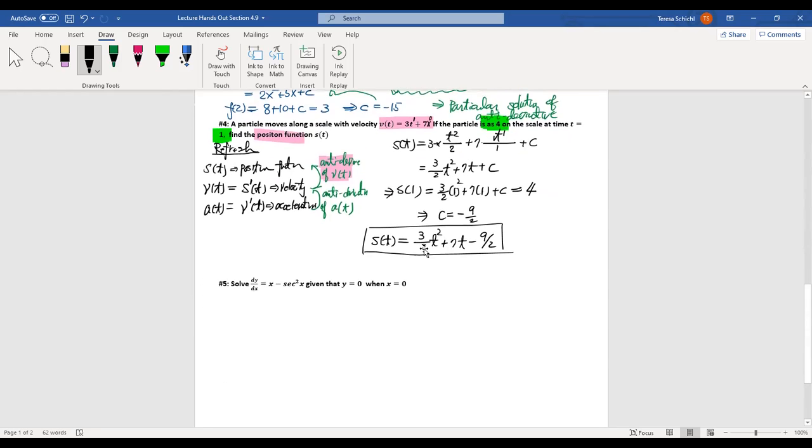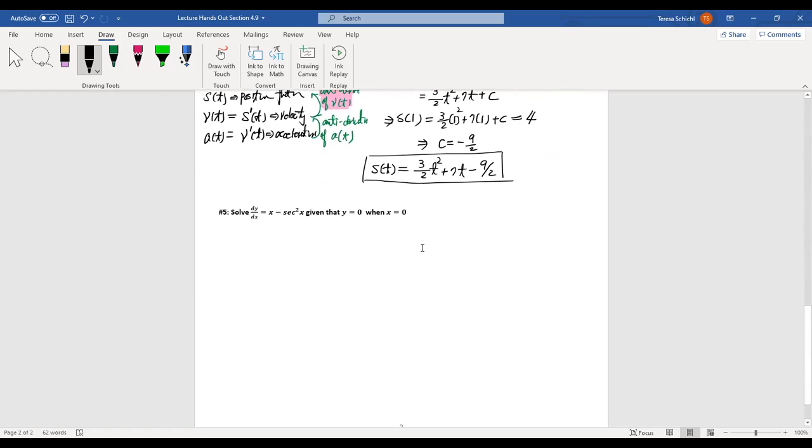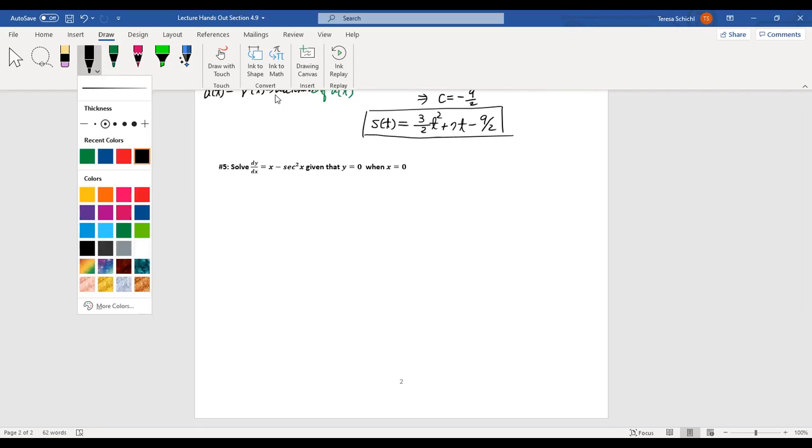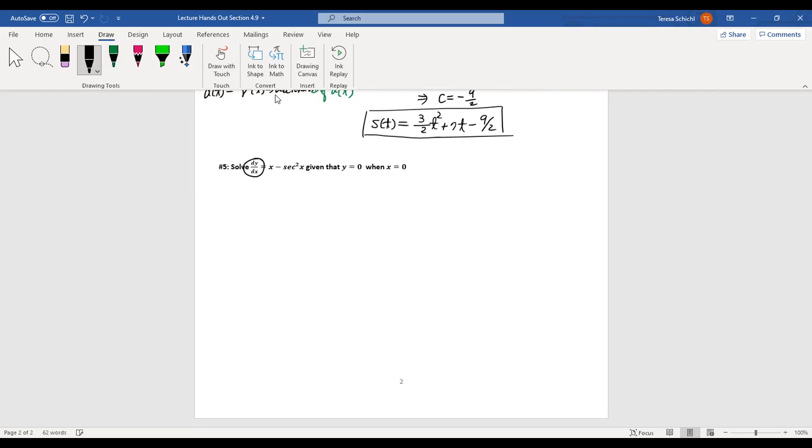Okay, so let's take a look at the last one. This one is also about the antiderivative as a particular solution. Let's solve dy/dx equal to x minus secant squared x. Remember, dy/dx is y prime, right?